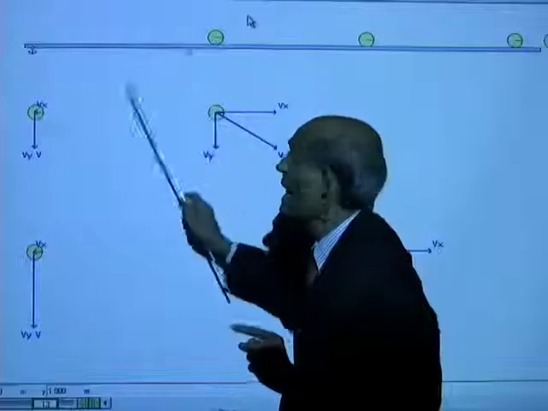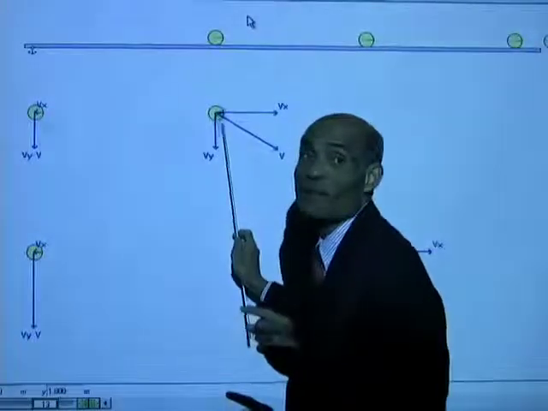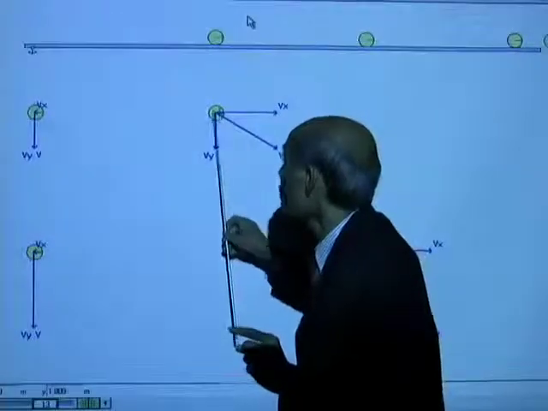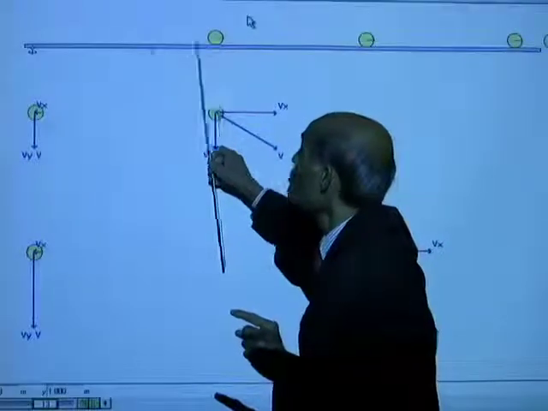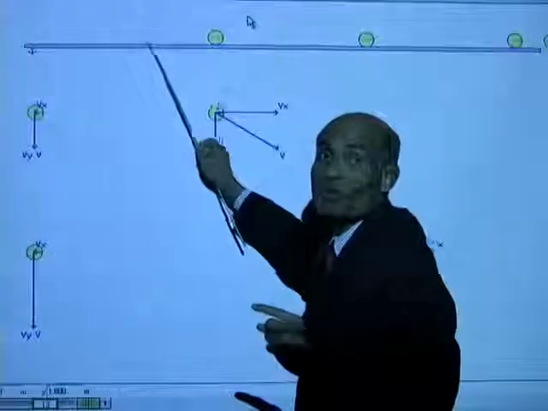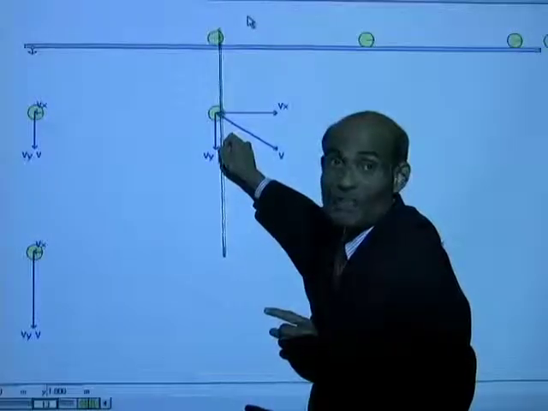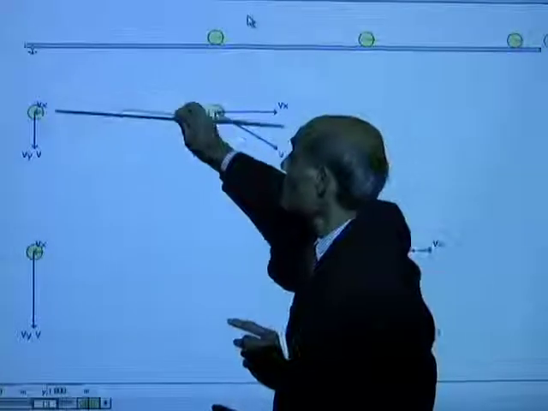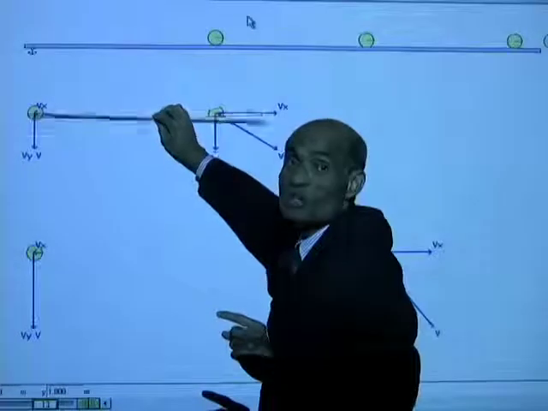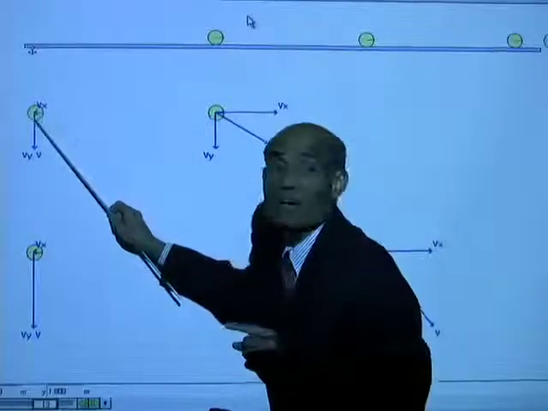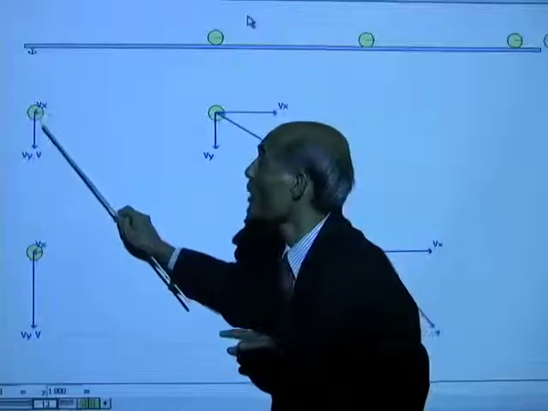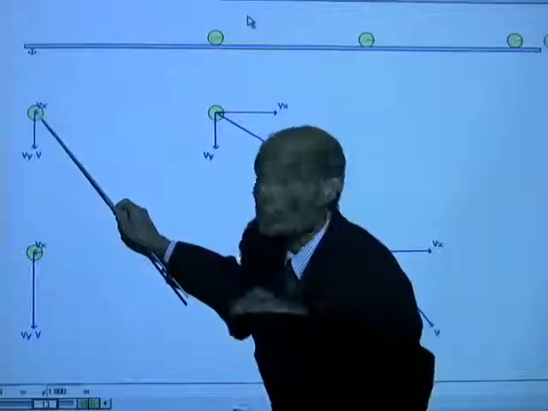You see that? After 1 second, the horizontal position of the projected ball and the horizontal position of the ball that is moving on the platform are exactly the same. Similarly, the vertical motion of the projected ball is exactly the same as the vertical motion of the freely dropped ball.